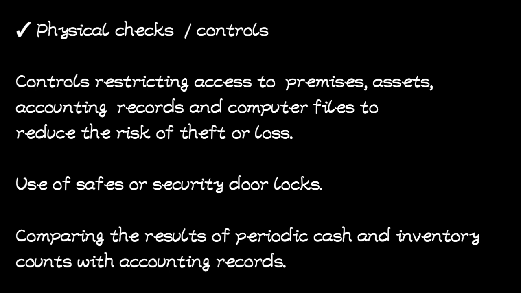This can be achieved by using things like safes and security door locks. If someone wants to access particular accounting records, they're supposed to find them in a particular safe, and that safe is locked. They're supposed to know the password and all that.